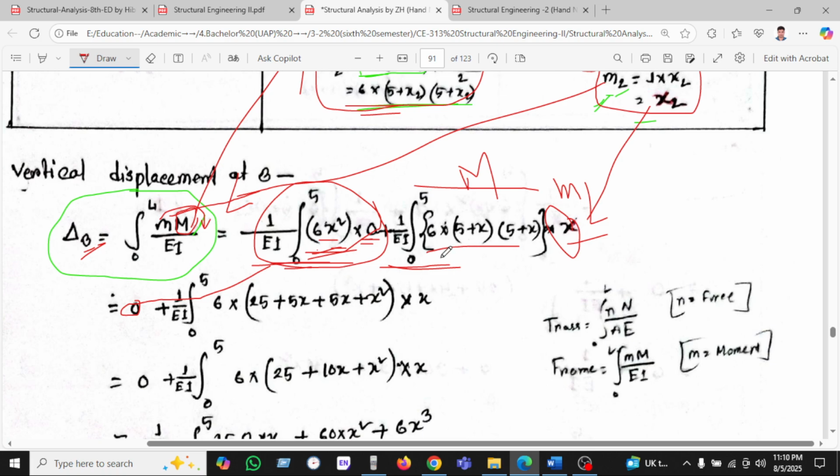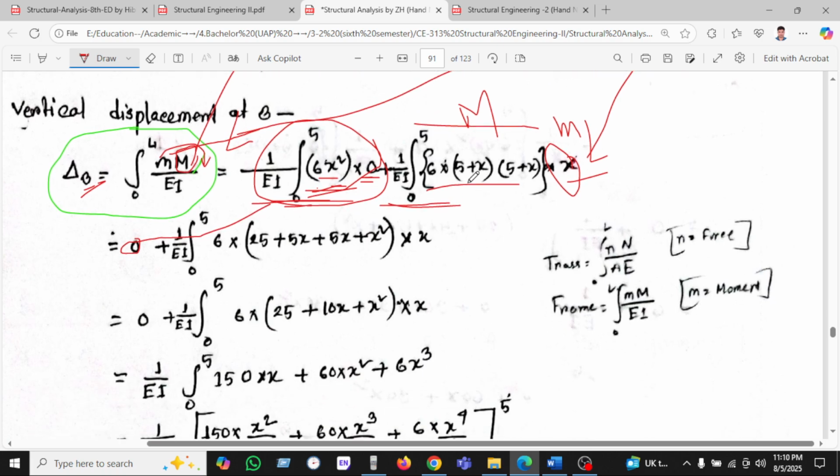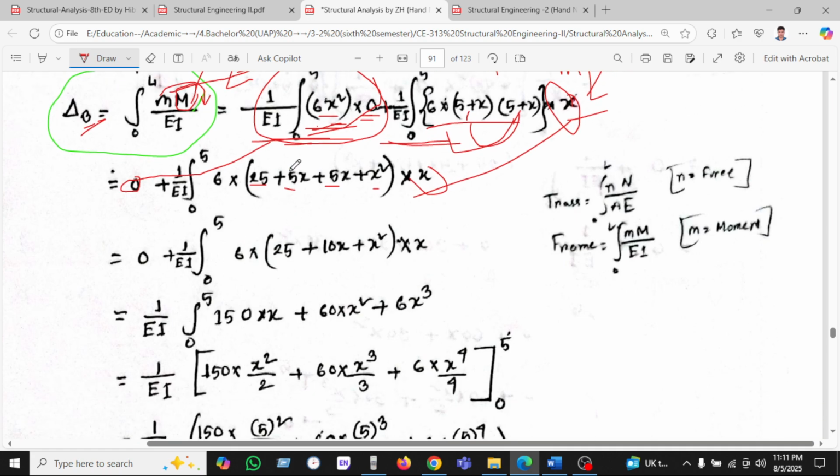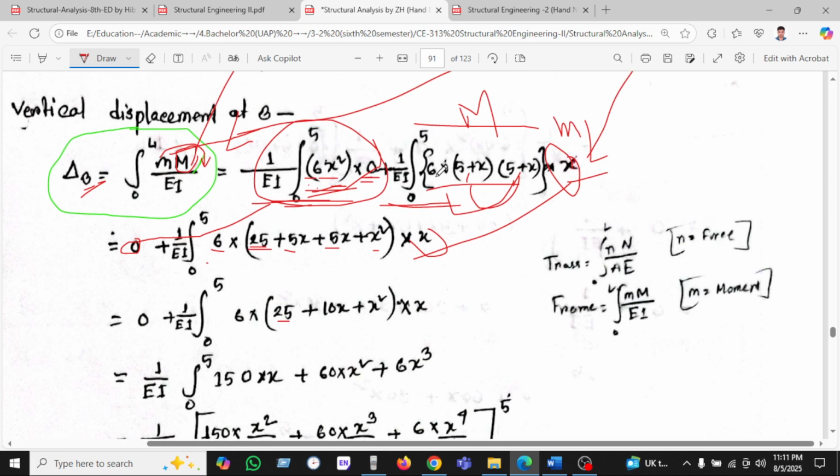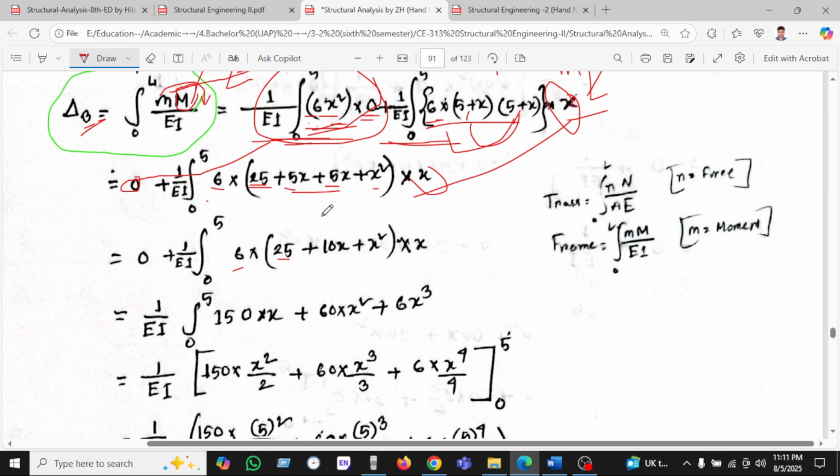If we multiply, it will be 5 into 5, which is 25, and 5 into x into 5x, and x into x square, which remains x. After calculating, 25 remains here and 6 is taken in common, that's why we are not multiplying. And 5 into 5 is 10, and x square remains the same.